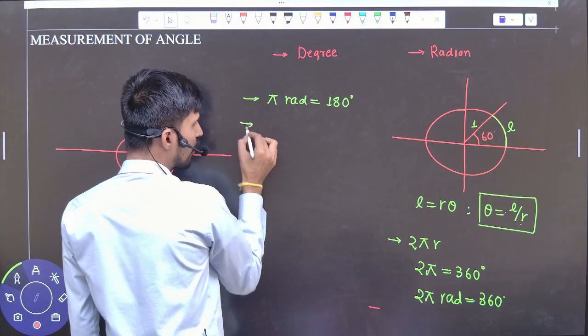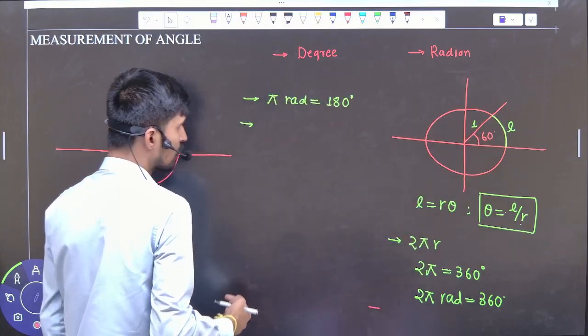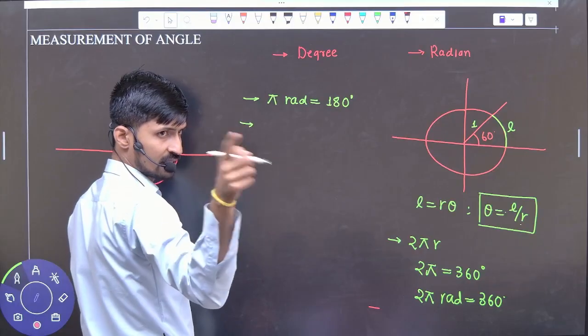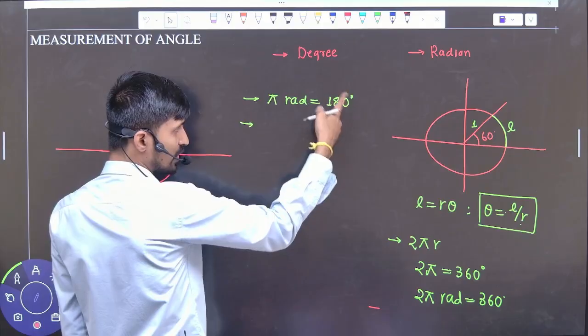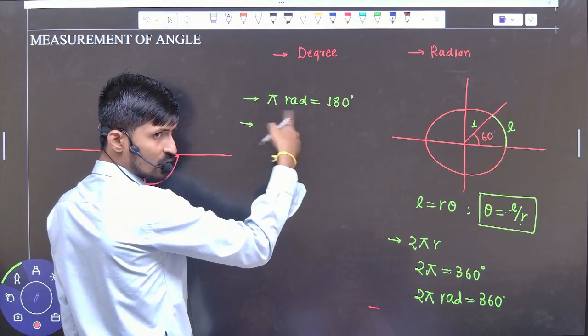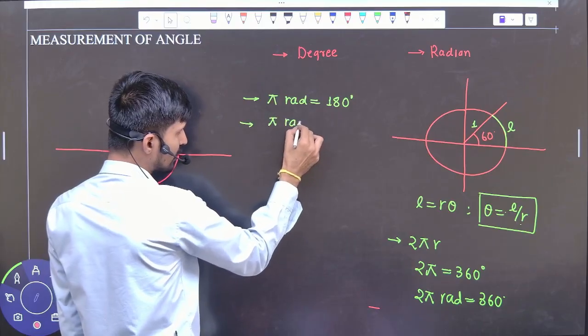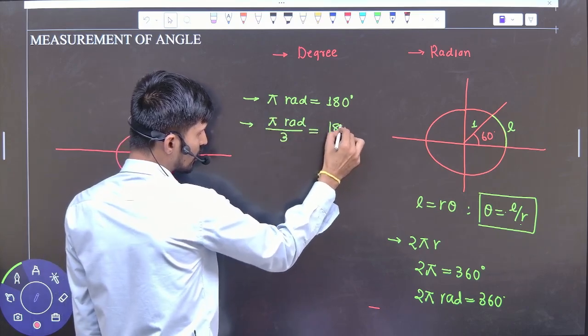Okay, now I want, this is 60 degree, right? So how will we get 60 degree? You see this side, don't see that side. So I will divide both sides by 3. So that will become pi radian by 3 is equal to 180 degree by 3.